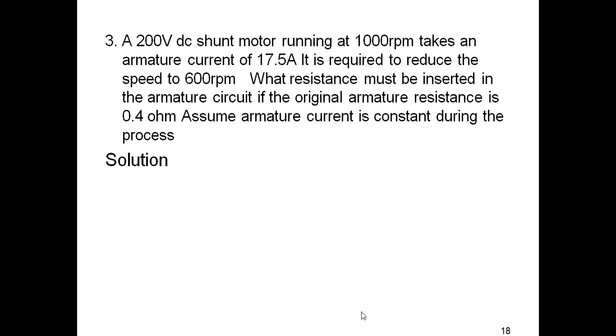It is required to reduce the speed to 600 rpm. What resistance must be inserted in the armature circuit? If the original armature resistance is 0.4 ohms, assume the armature current is constant during the process.